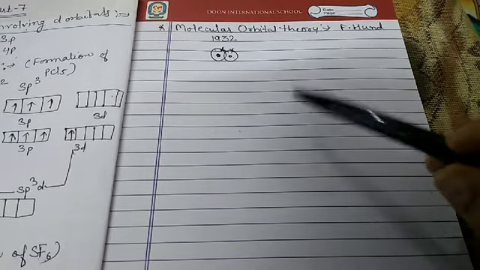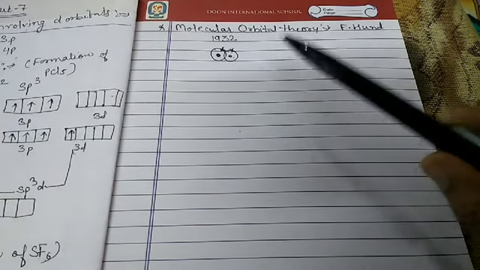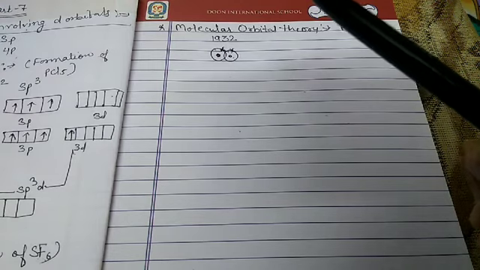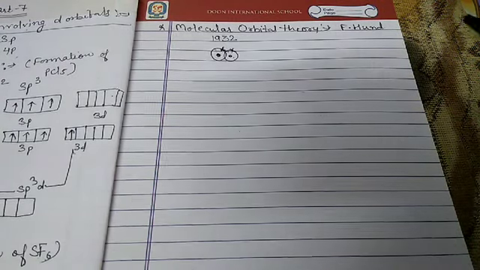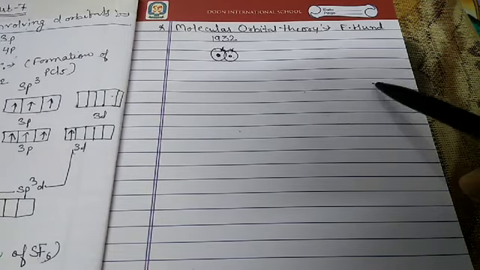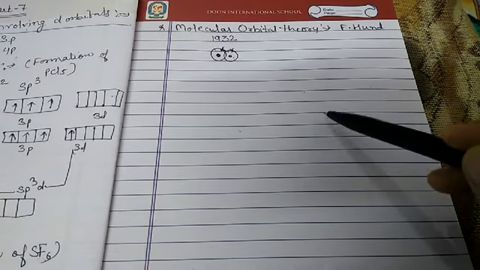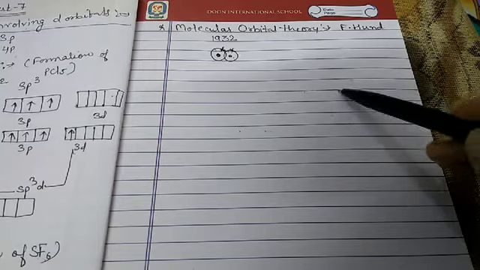The next one is the number of molecular orbitals. The number of molecular orbitals formed is equal to the number of combining atomic orbitals.